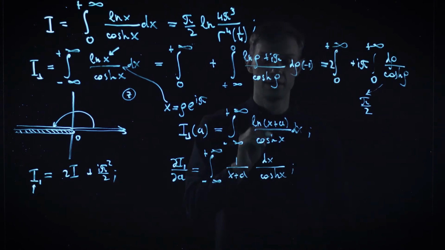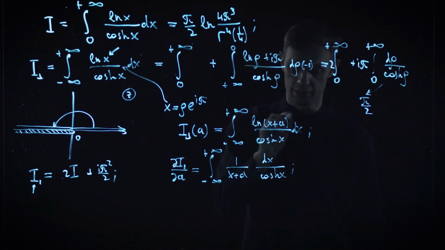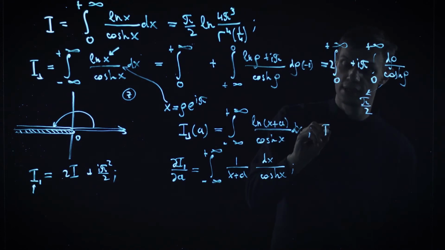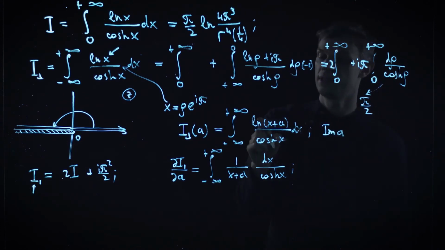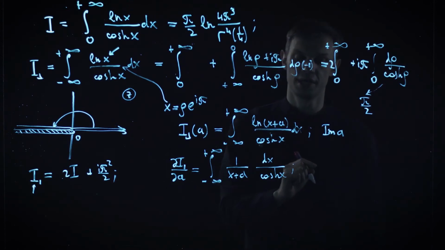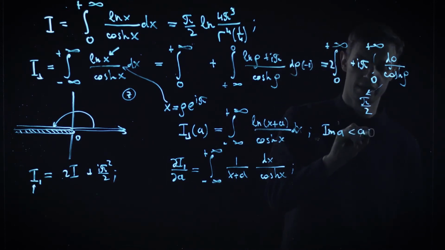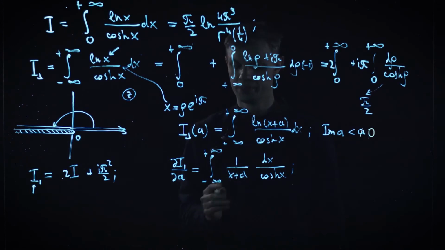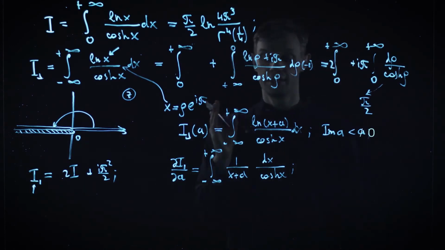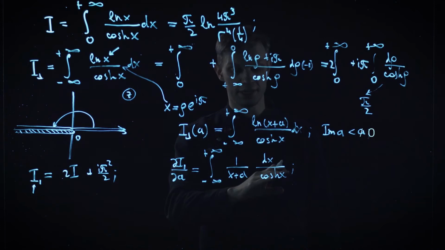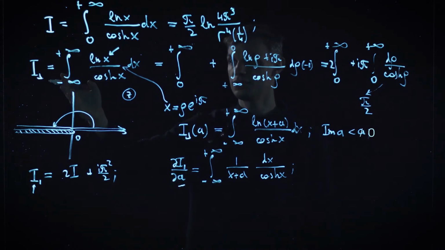And of course, we need to think about the imaginary part of this parameter a. And for convenience, we assume that this parameter has an imaginary part and it's negative. You will see in a second why it's so suitable. So now let's analyze this integral. The idea is that the modified integral can be computed exactly. And then integrating the answer with respect to a, we can restore I1 integral and hence the I integral itself.